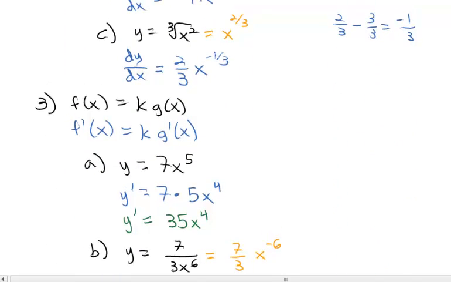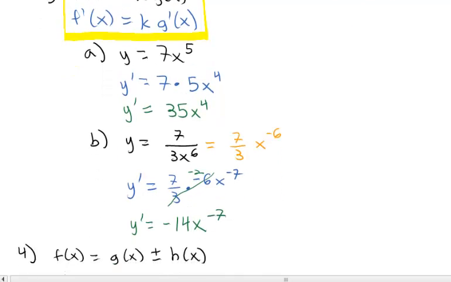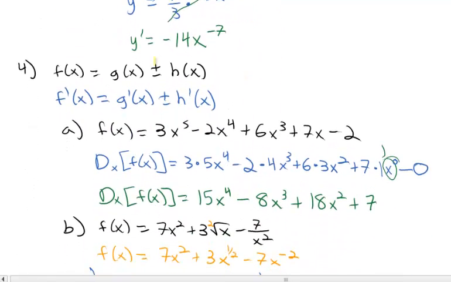Our third property is if the function has a constant out front, we keep the constant out front and then multiply by the derivative of the function. Our fourth property is if they're adding and subtracting, we can take the derivative of each term individually.